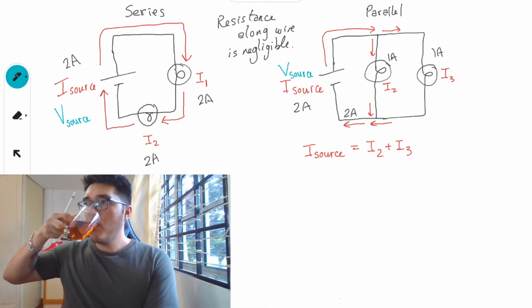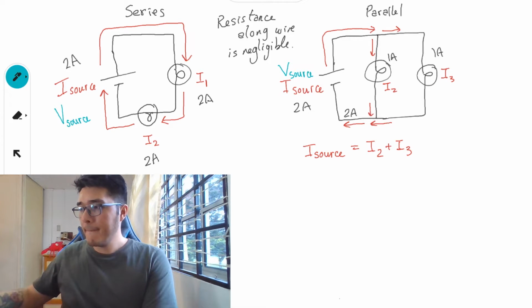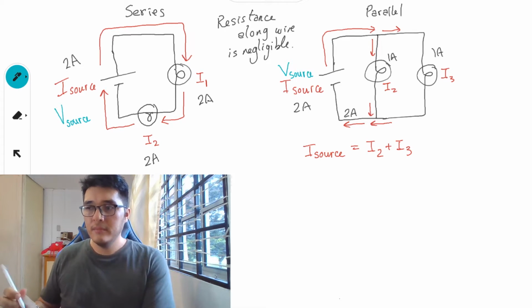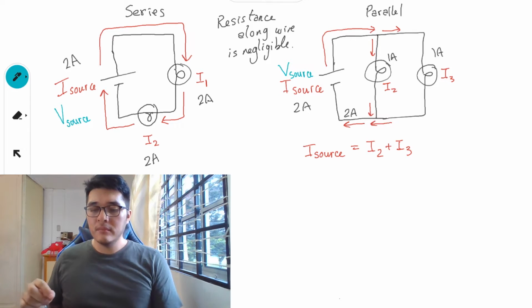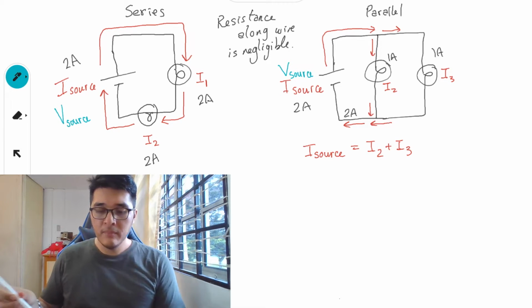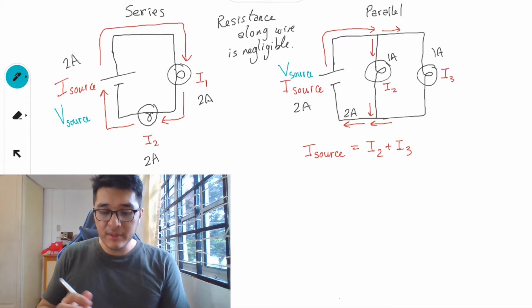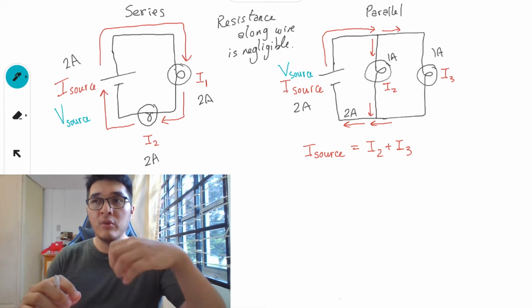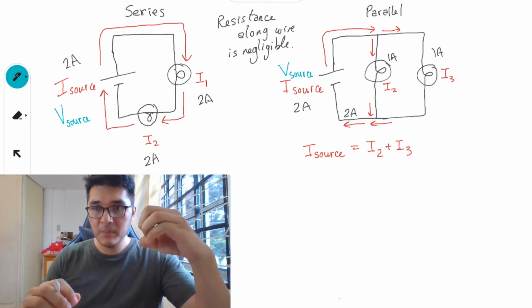The voltage of the first and second resistor is the sum of the voltage source. Let's go back to the one in series. So the voltage source, you can think of the voltage being carried by the charge.